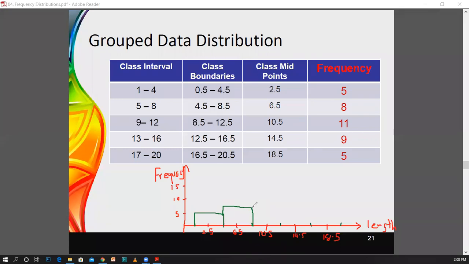Then the next value is 11, quite like this. Then the next value is 9, which is greater than 8 but not more than 10. So you will get a graph like this.